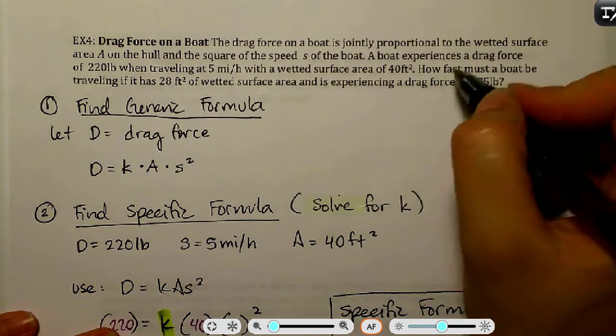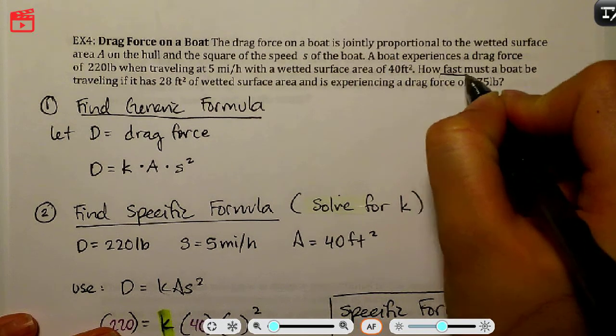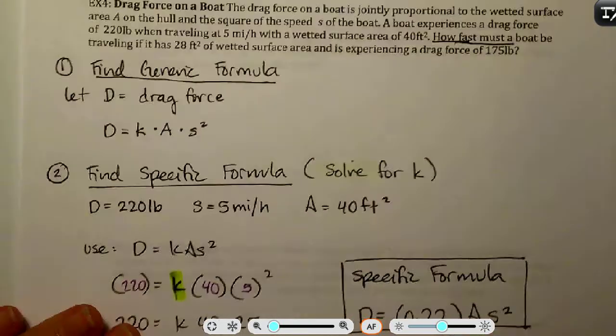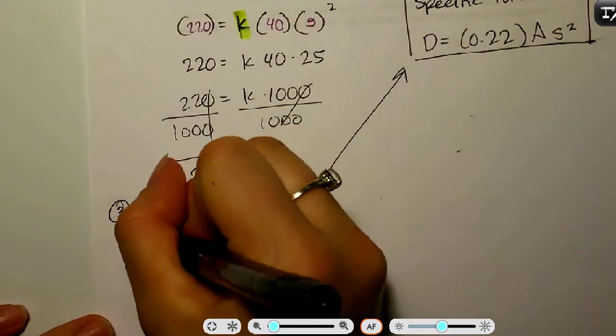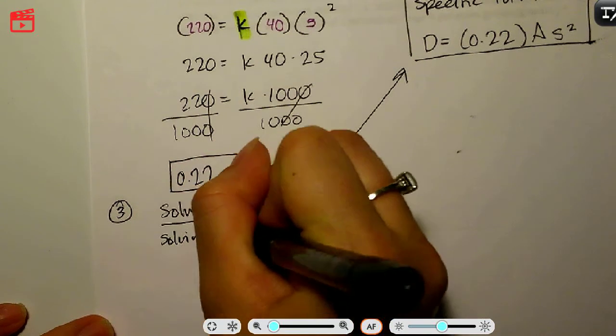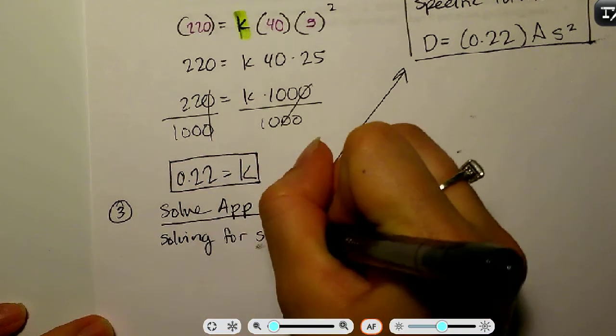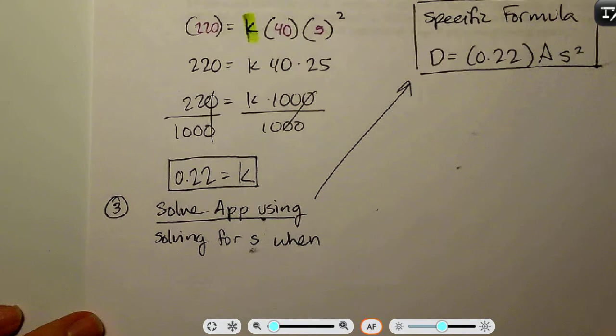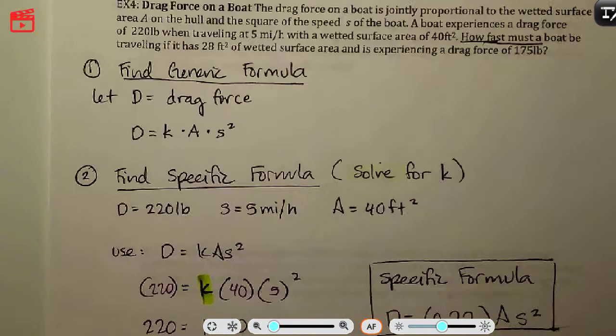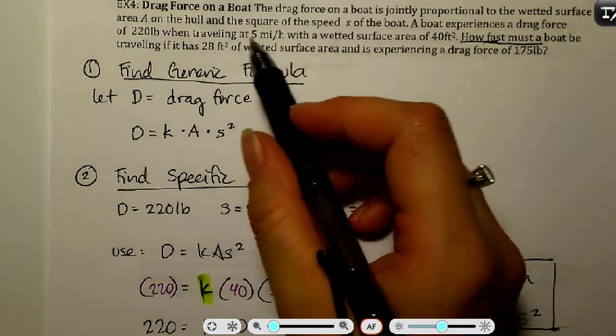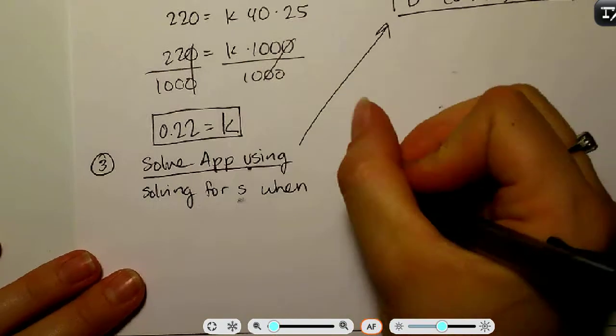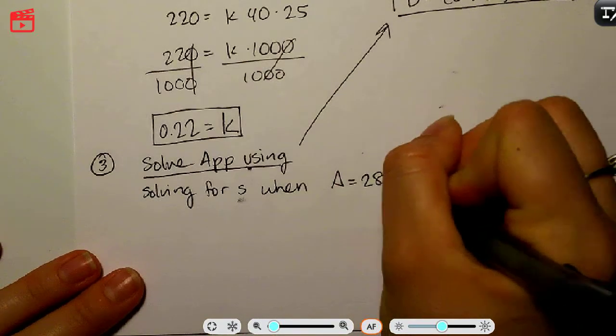So I'm trying to solve for how fast. That means I'm solving for the speed. And the information I'm given is the wetted surface area, A, is 28. So A equals 28.